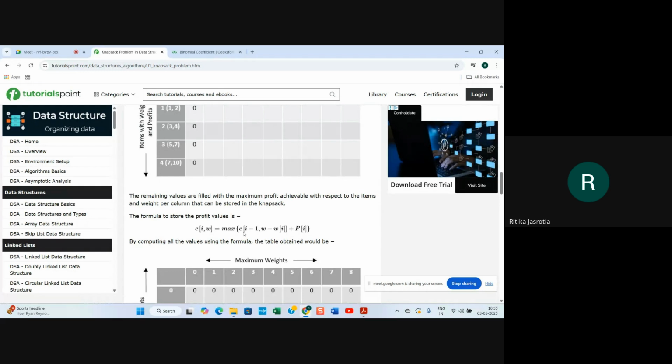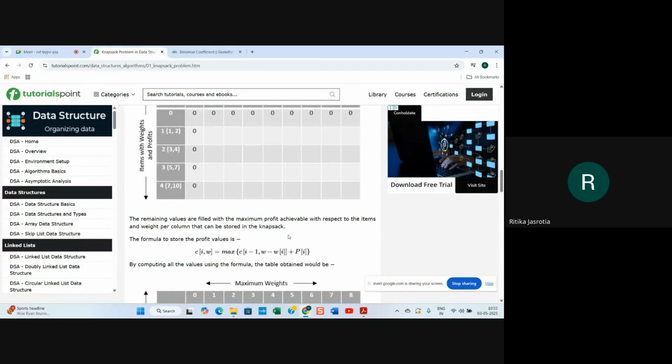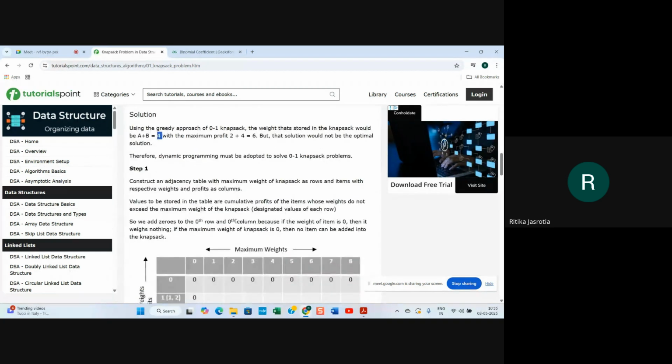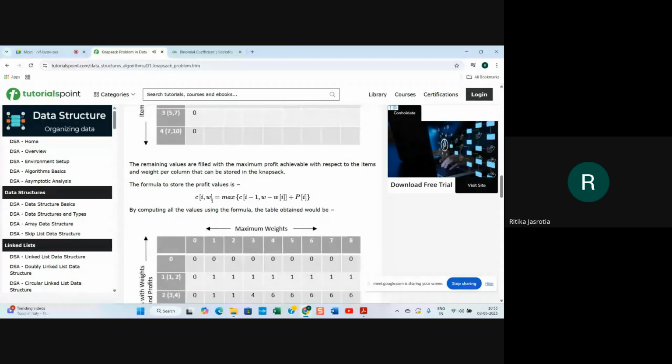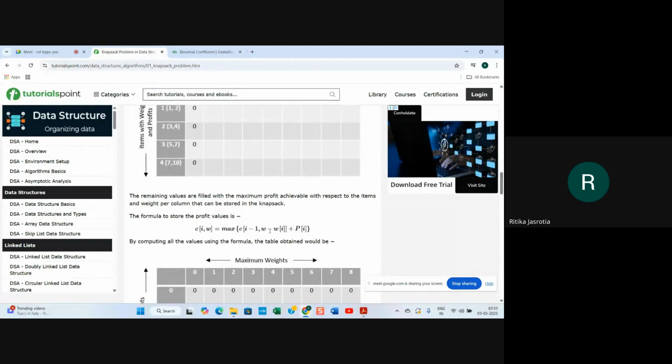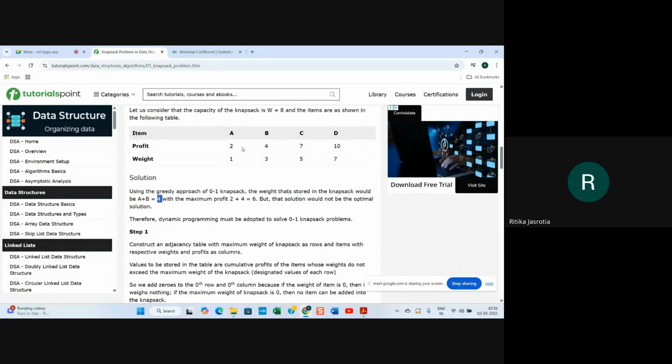C11 will be maximum of C[i-1], that is 0, w minus wi, weight is 1, plus Pi. The profit is 2.